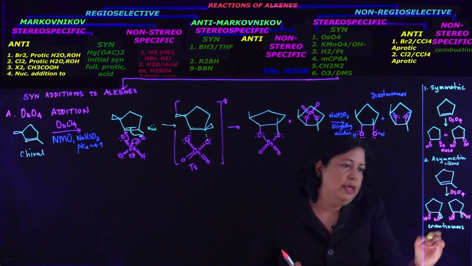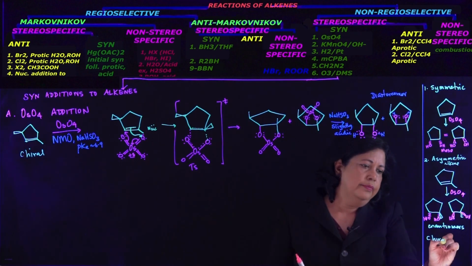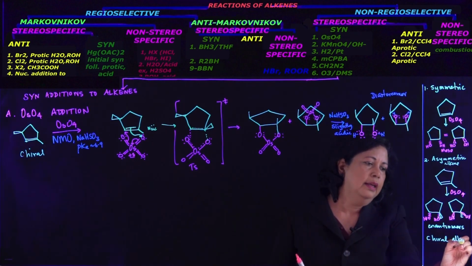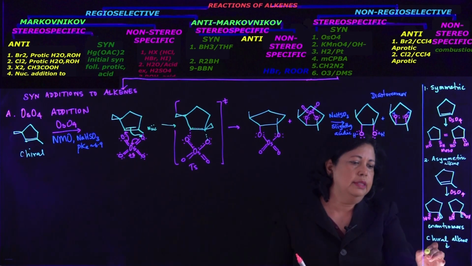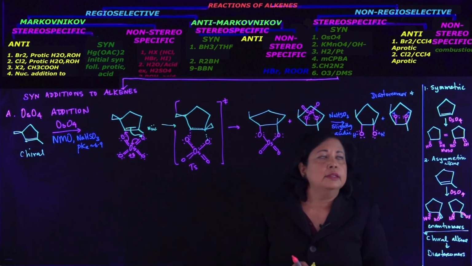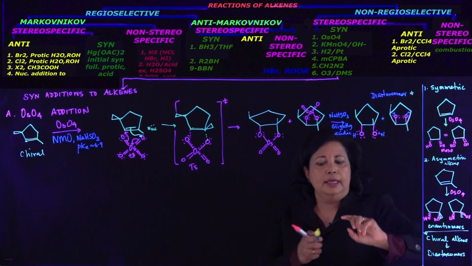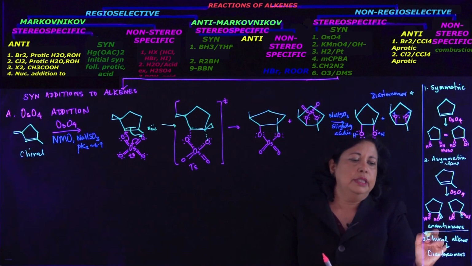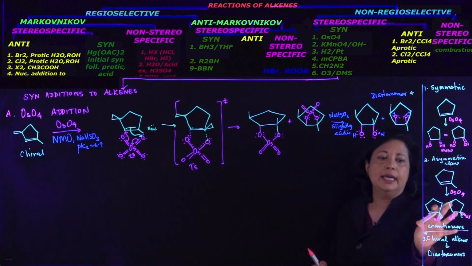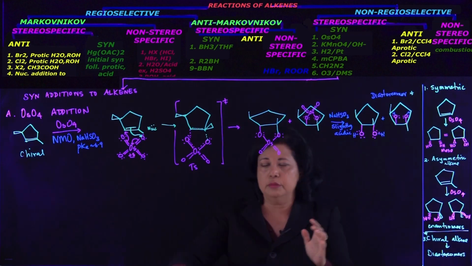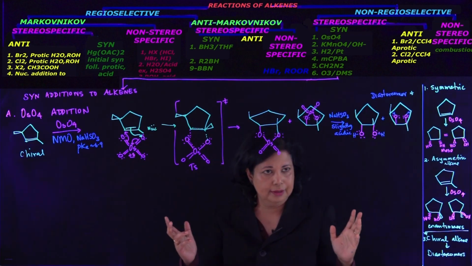So I'm just going to write that down. Chiral alkene can give you diastereomers. So it really depends on your starting material. What kind of starting material you have decides what kind of stereoisomers you're going to get, if at all.